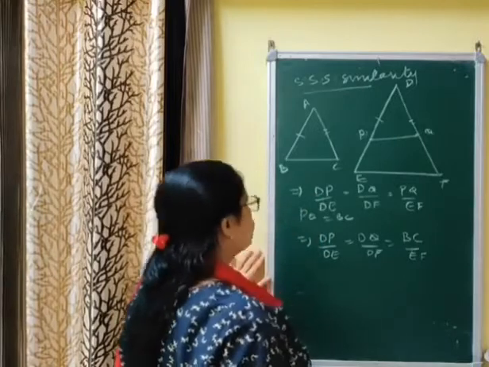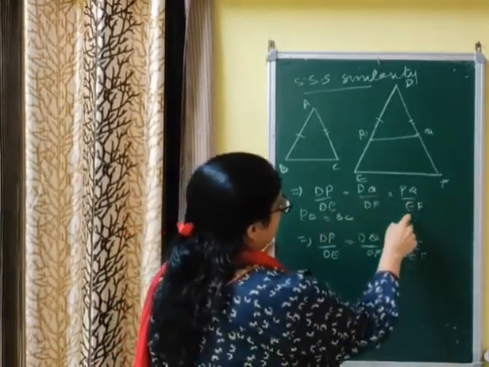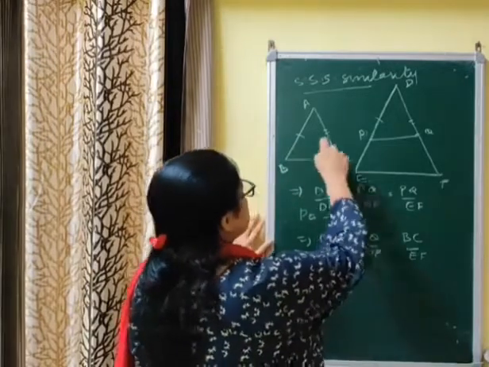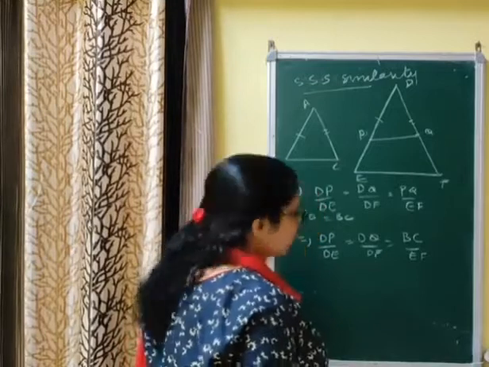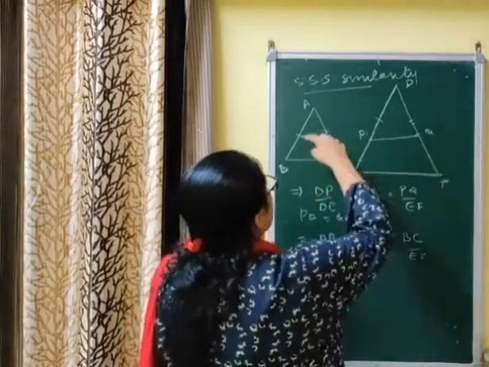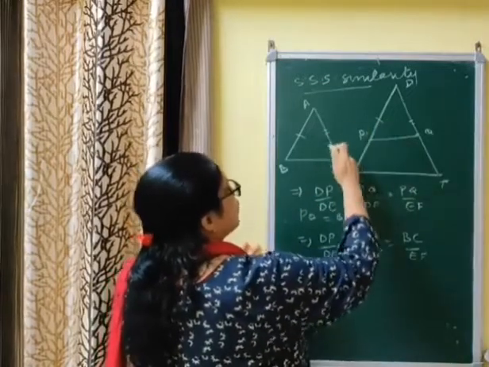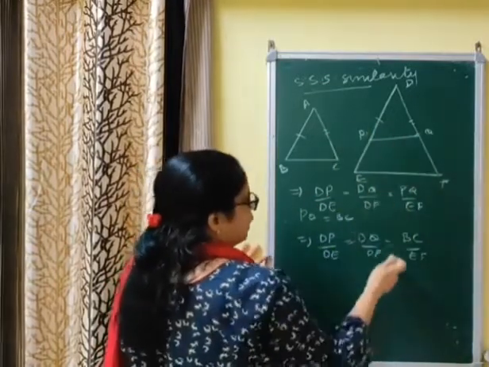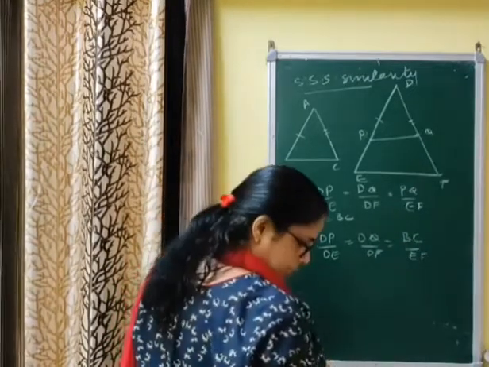Now once more, you are given DP by DE equal to DQ by DF equal to PQ by EF, but since these two triangles are by the condition we have constructed DP equal to AB and DQ equal to AC, you can write that AB by DP equal to AC by DQ equal to BC by EF. So by changing PQ to BC, you get BC by EF.